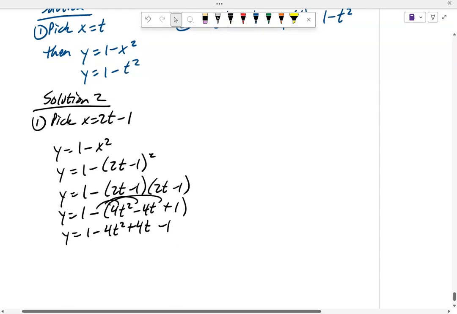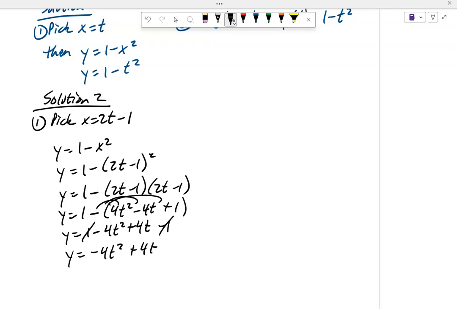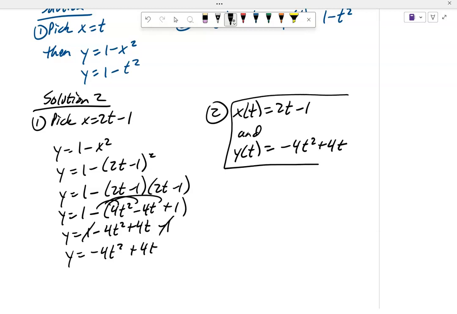So notice the 1 minus 1, that's gone. We got y equals negative 4t squared plus 4t. So x we picked to be 2t minus 1, and our y is negative 4t squared plus 4t. Both of these represent that parabola, and both sets of parametric equations represent y equals 1 minus x squared, that rectangular equation.